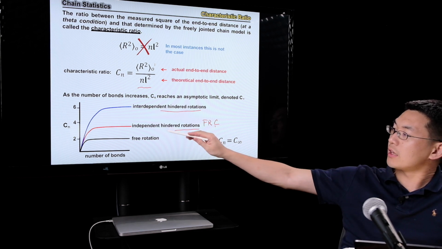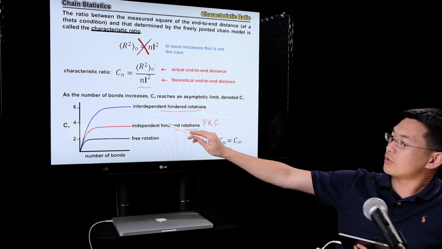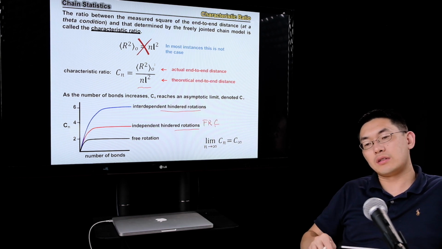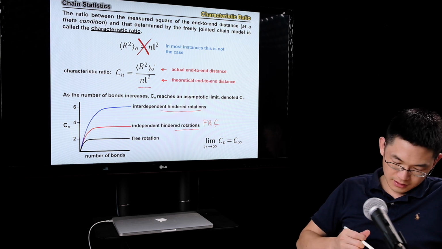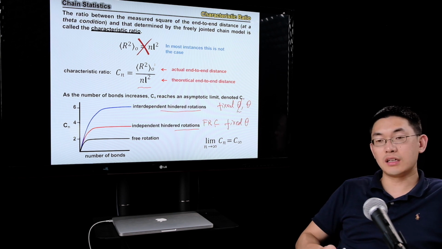As we show here, we have almost no expansion to some expansion up to 3, then a lot of expansion up to 2. We consider bond angle and dihedral angle. This is due to fixed phi and theta. This one is only due to fixed theta. We don't consider the dihedral angle.